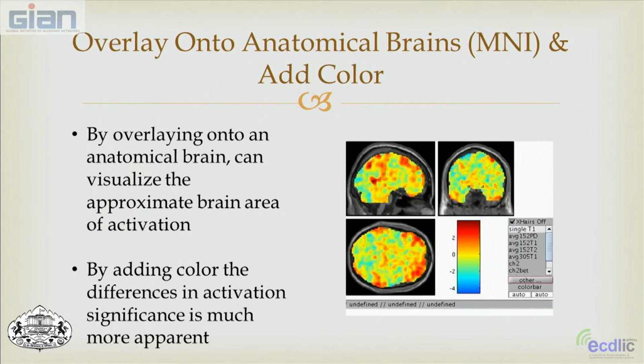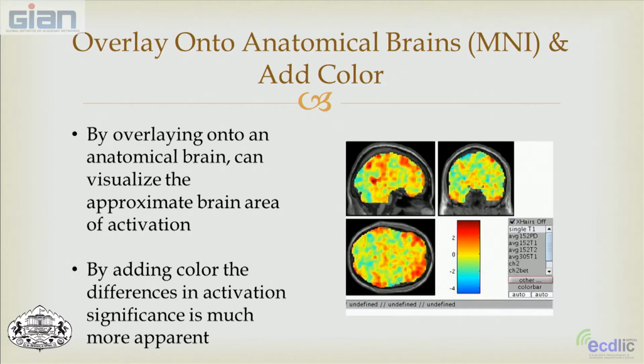So what we're going to do then is pull these into our viewing or displaying software, and assign different colors to the different T values in the maps. So the color bar here shows the T values, and you can see that we're displaying both the positive and the negative T values. So we're looking at the two-tailed t-test. So say this is for anger greater than control.